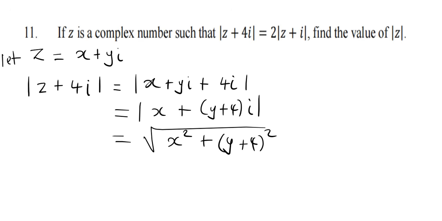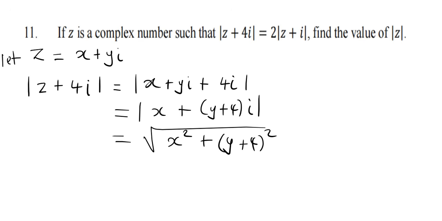Now, how is our equation going to become? It is x squared plus y plus 4, squared. Okay, so this is the first part.